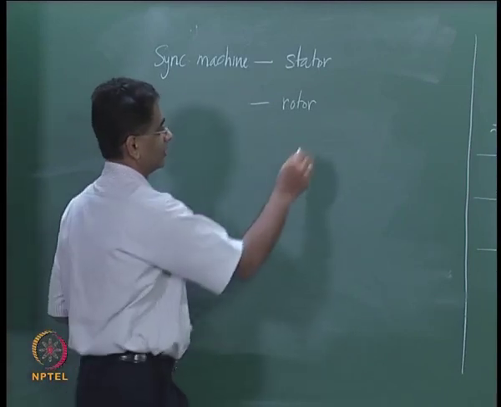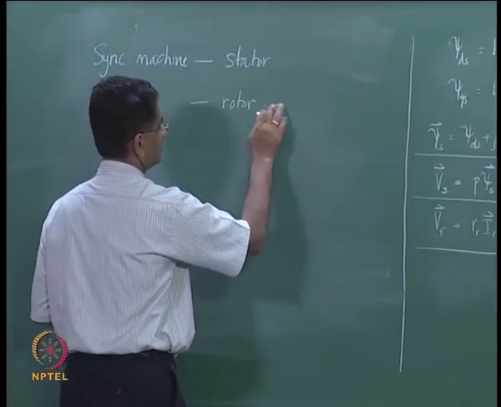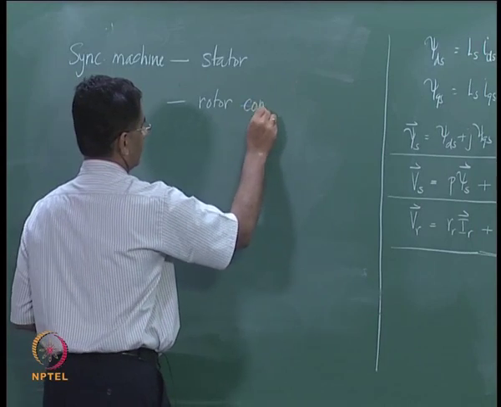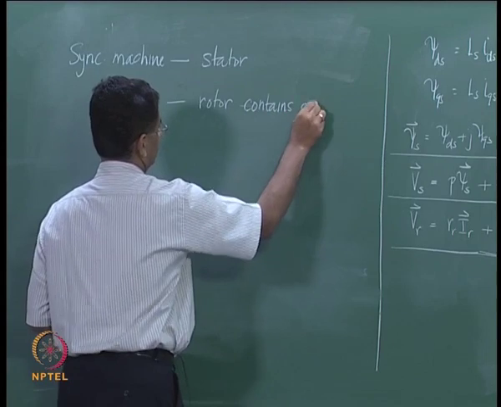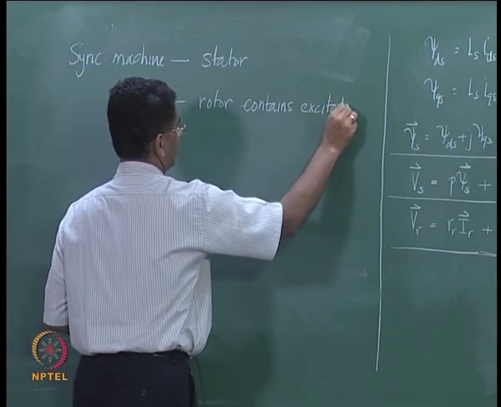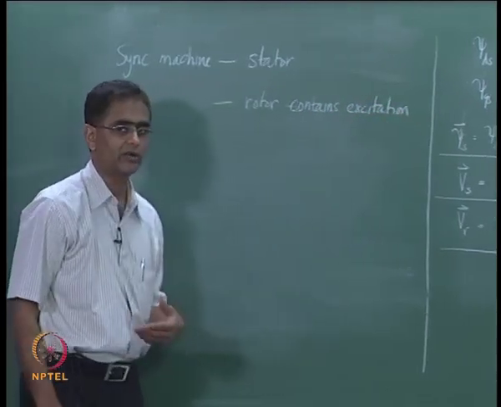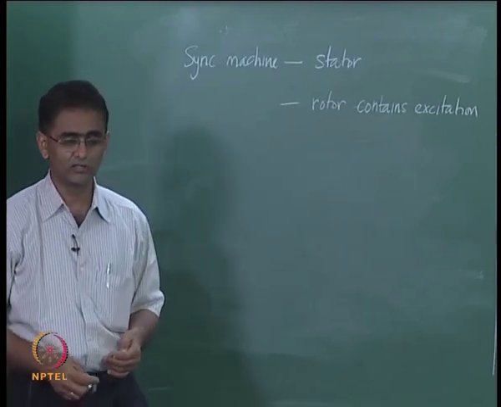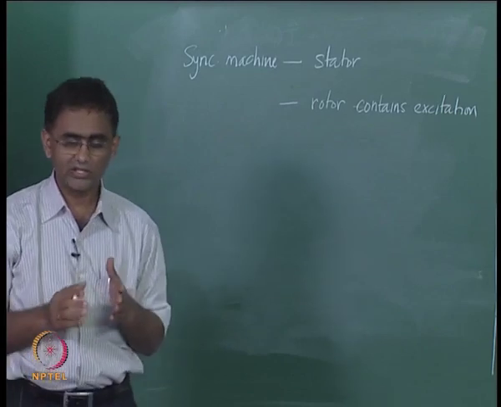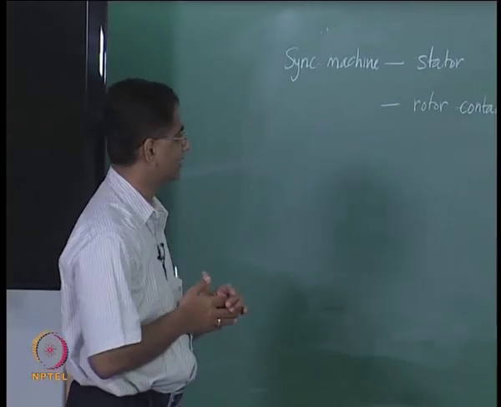Whereas in the synchronous machine, the rotor contains excitation, that means it produces its own magnetic field, and in large synchronous machines this is normally done by energizing the rotor with a DC excitation.